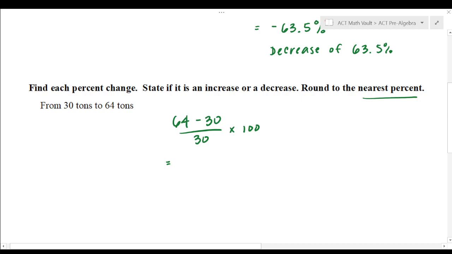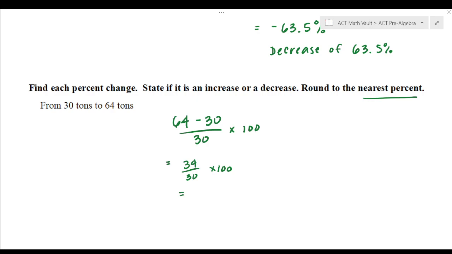So we want 64 minus 30 is 34 divided by 30. And then times 100. Now, you may think that you did this wrong when you look at it, but you would get 113%. It's 113.33.